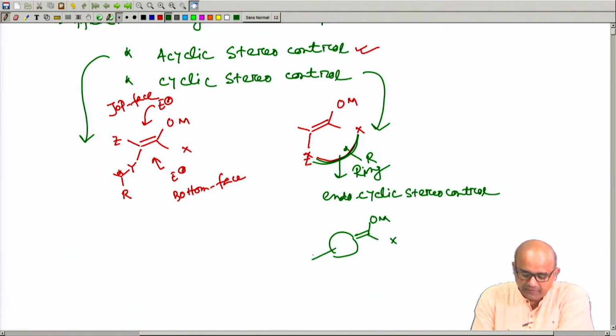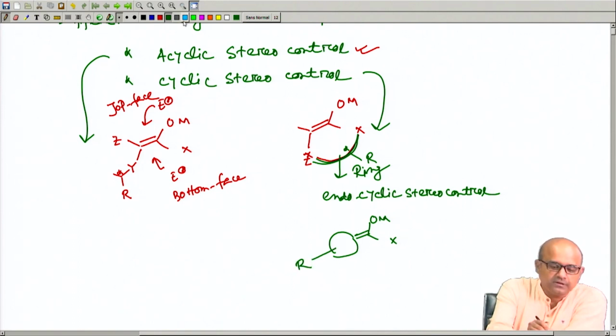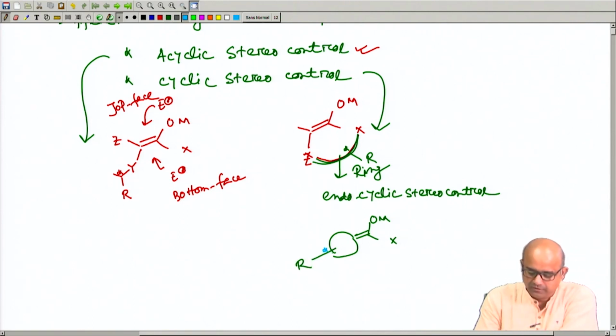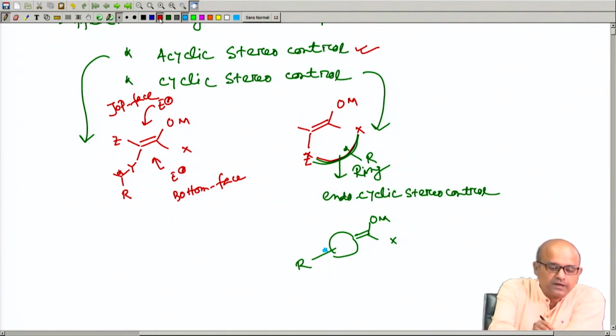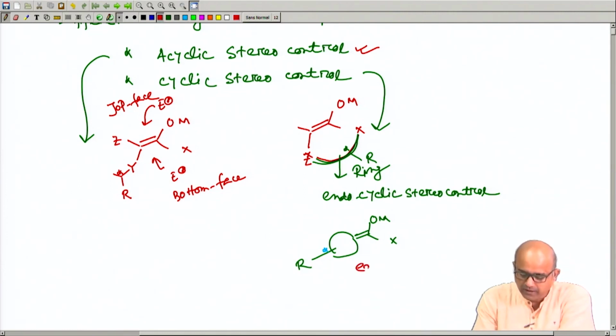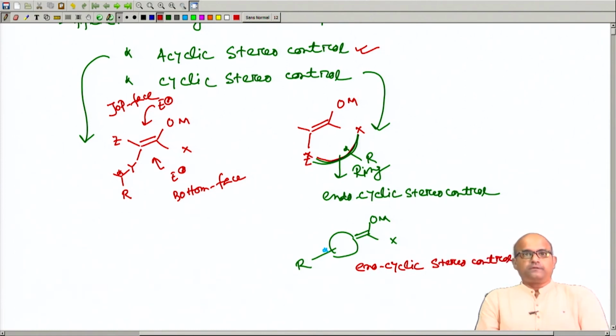So, this is a ring and you have a pre-existing stereocenter. In these cases we call this kind of stereocontrol exocyclic, as the enolate is exocyclic. These two working models exist for the cyclic system, and for the acyclic one you have these things.